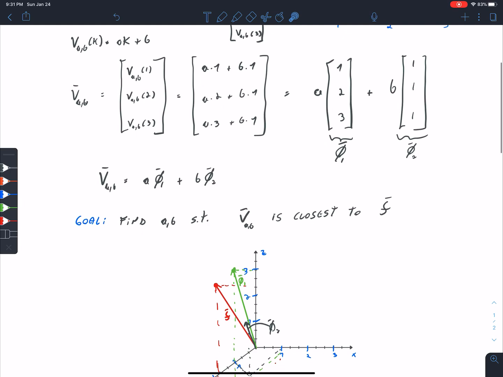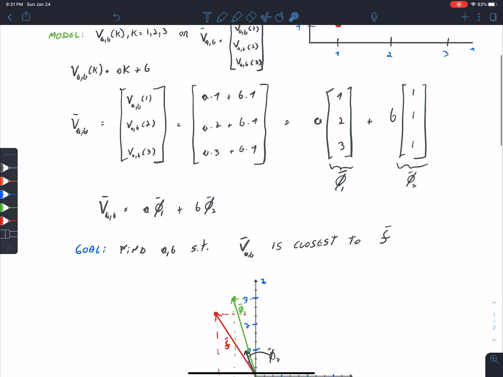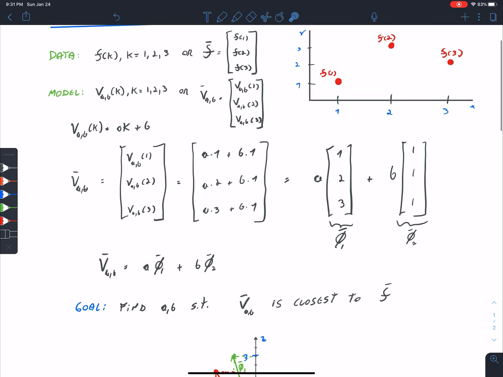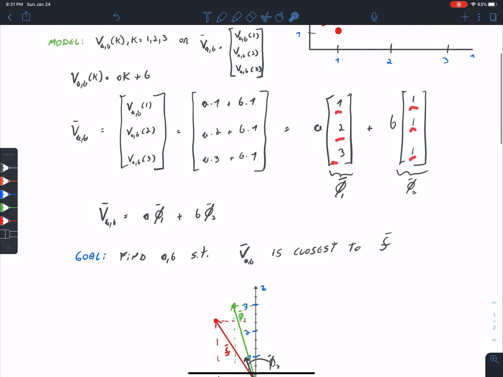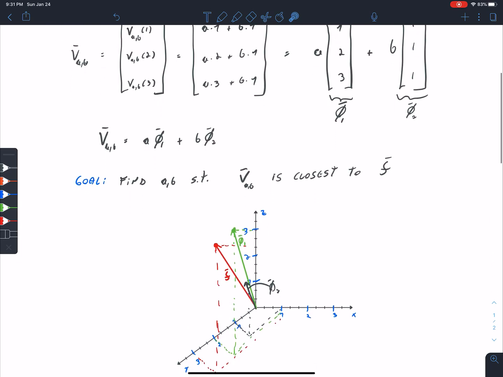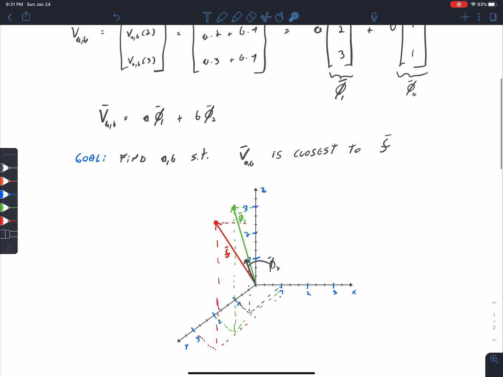So let's look at this more closely. Because these vectors are in 3 dimensions, we have f with 3 coordinates, and so do phi1 and phi2, I can draw these vectors on a 3-dimensional axis. The drawing is not so pretty because it's hard to draw things in 3 dimensions. But here is the vector f.